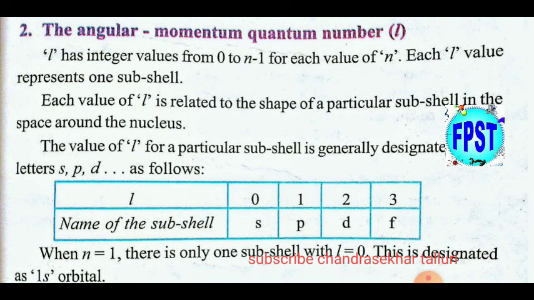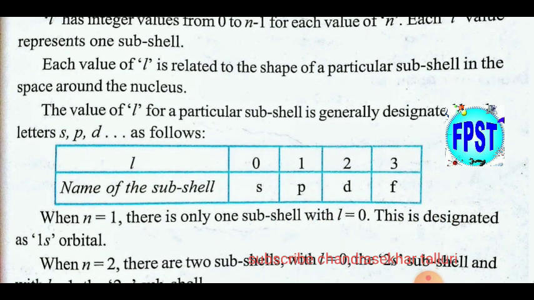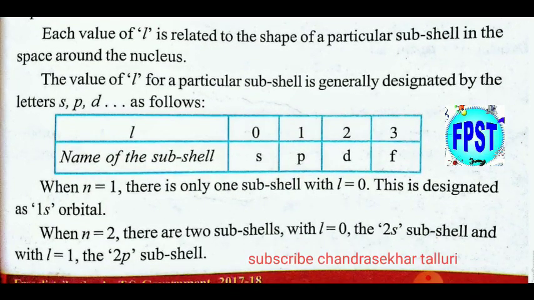They are S subshell, P subshell, D subshell and F subshell. F subshell is more elliptical. To understand the increased elliptical nature, the L values also increase.